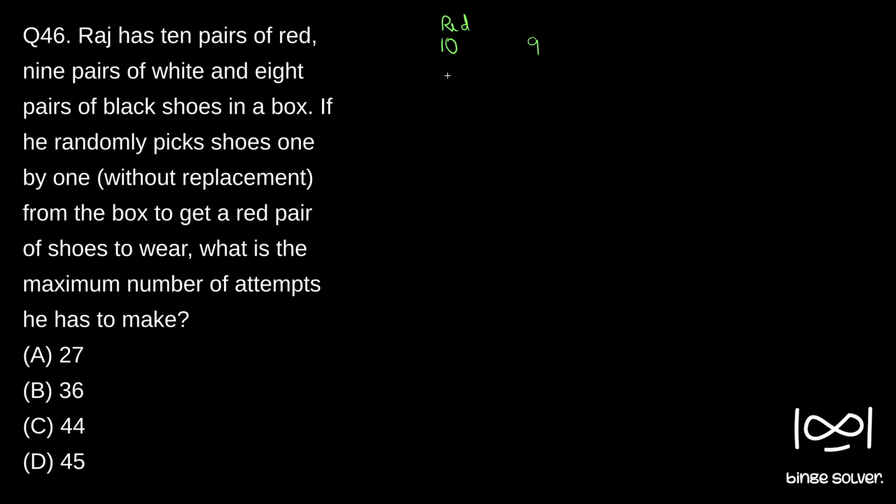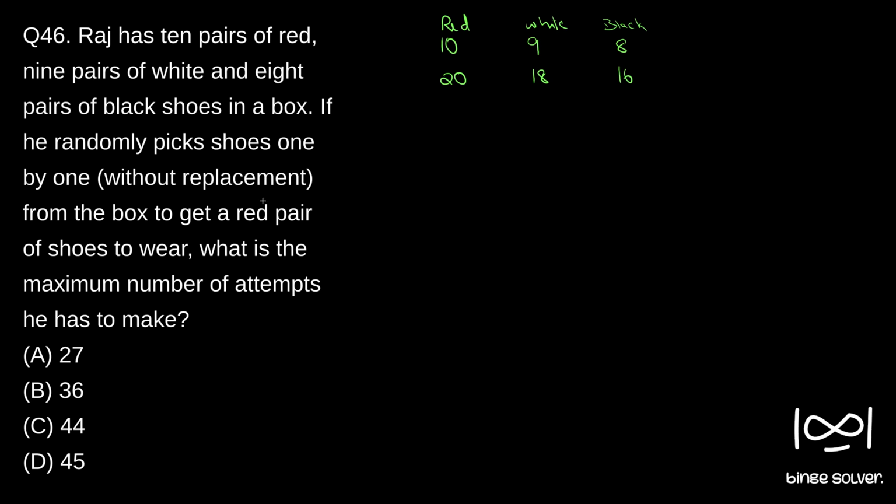So 10 pairs means total 20 red shoes. 9 pairs of white, that means 18 white shoes, and 8 pairs of black shoes, 8 pairs, that is 16 black shoes.